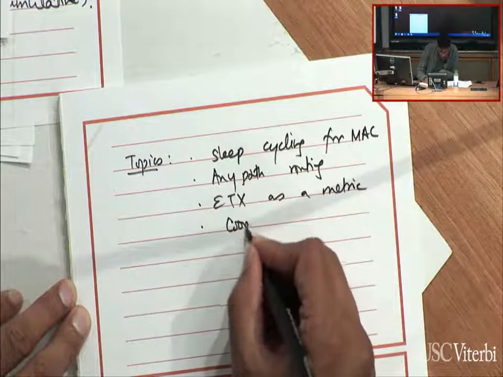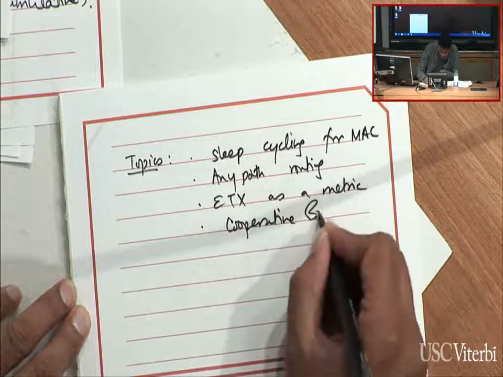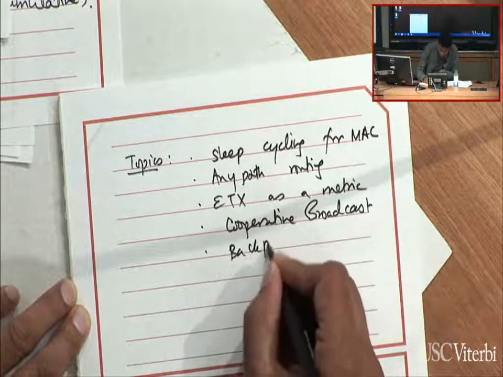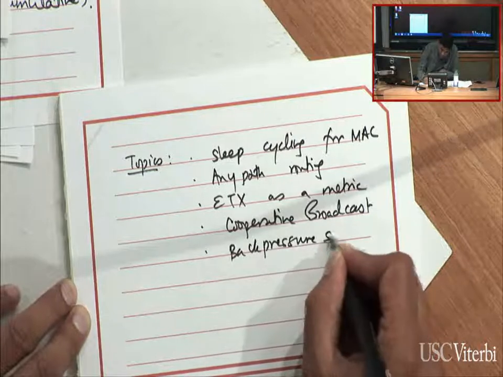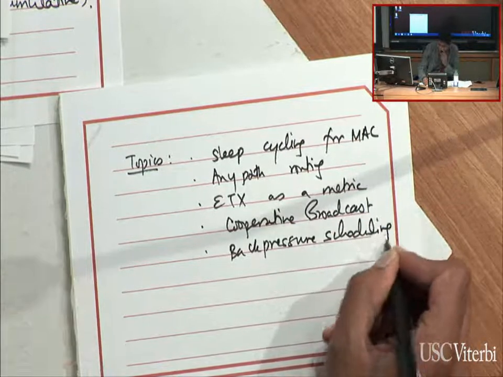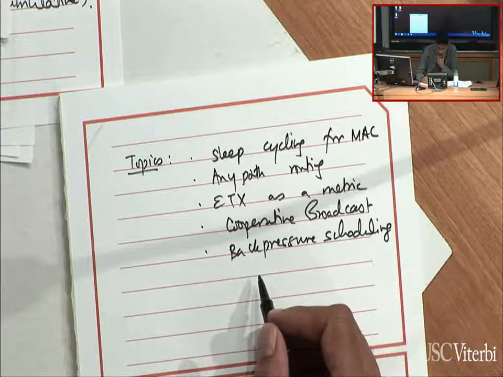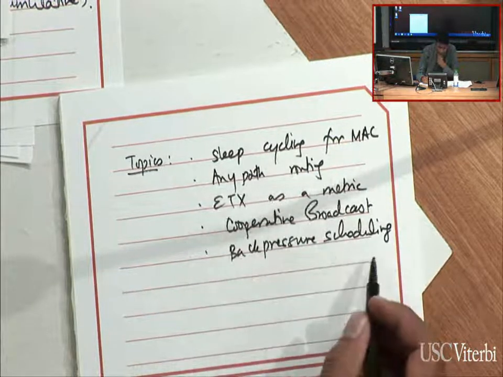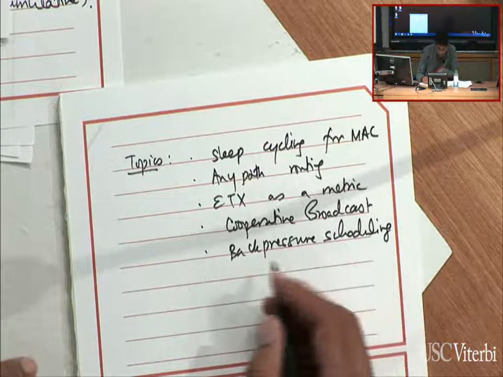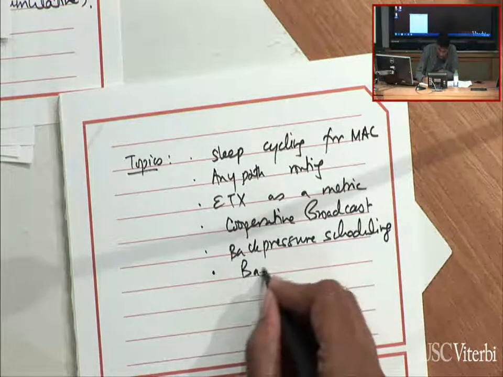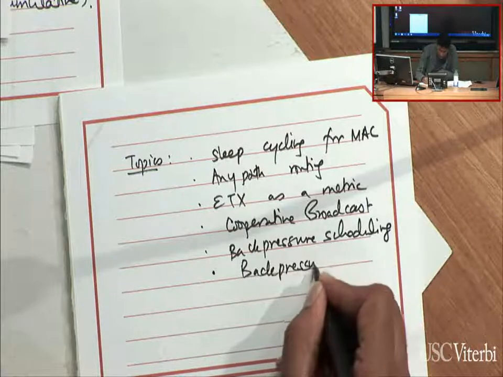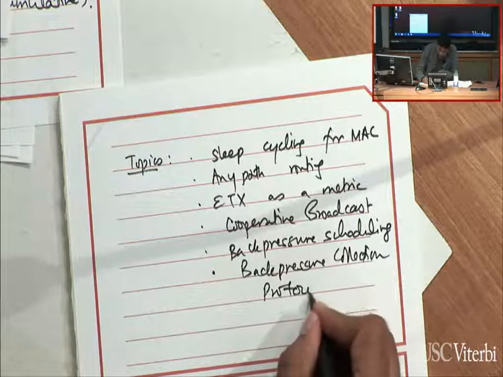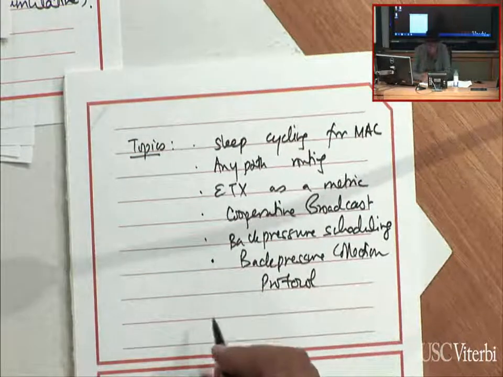We've talked about cooperative broadcast, any path routing, and backpressure scheduling. Definitely between the homework assignment and the problems in the final exam sample questions, you'll see the type of questions one can ask about any path routing and backpressure scheduling in particular. Backpressure collection protocol, which is what we've been talking about now, and there are some questions related to that as well.